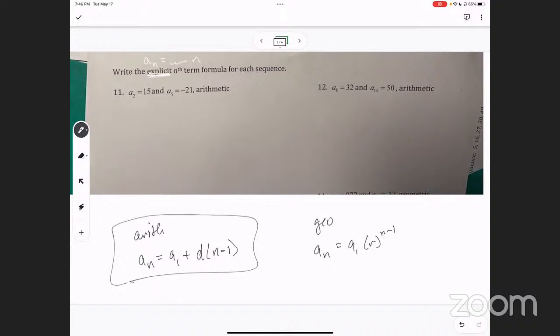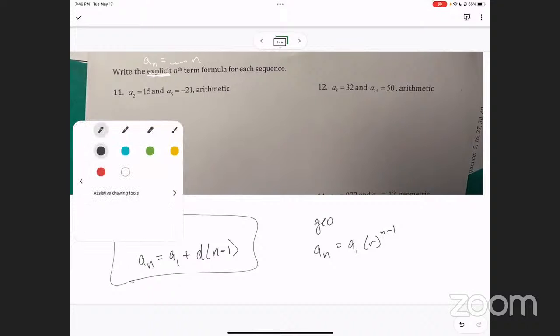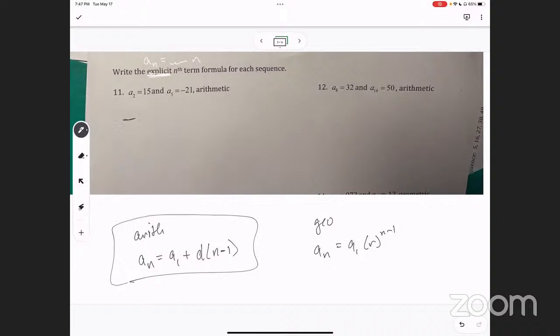So the way I like to think about this is, here's a sub 2, there's a sub 3, a sub 4, and a sub 5. So this was 15, and this is negative 21. And when it's arithmetic, what are you doing each time?